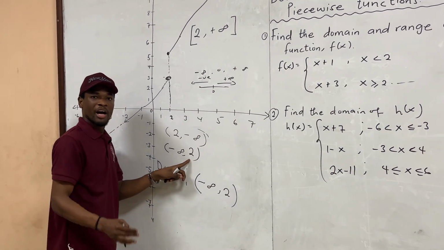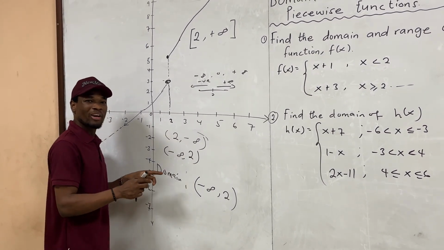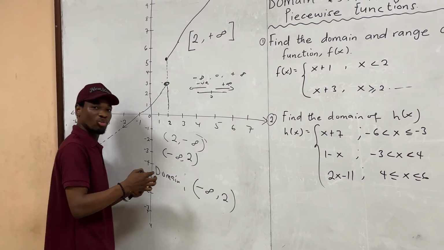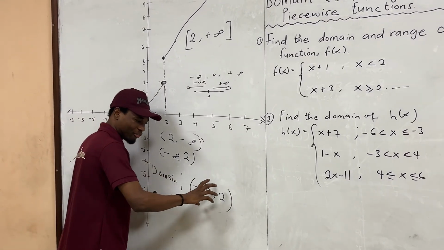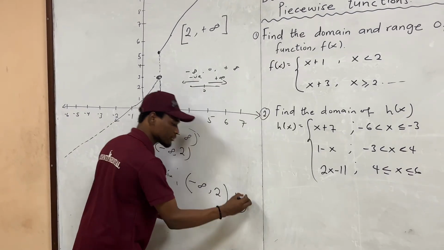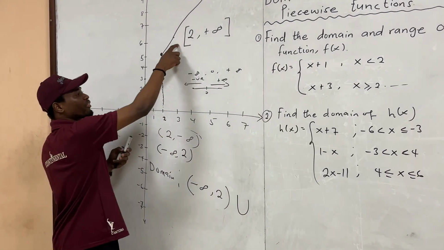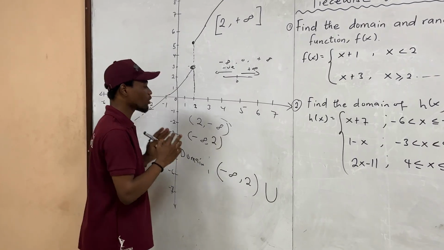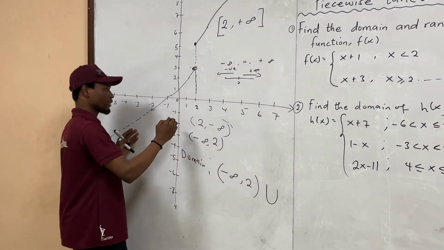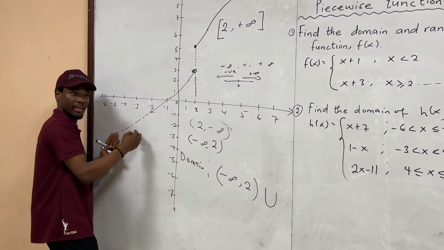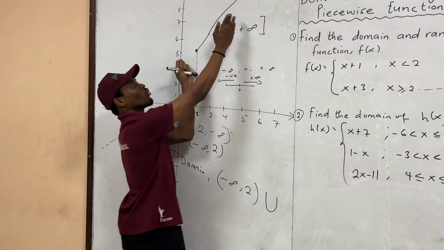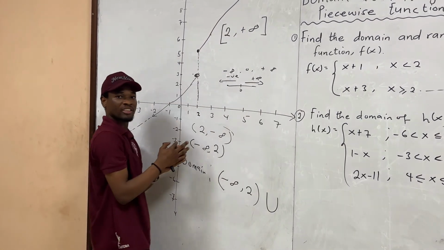And remember, we said the domain of the function is the domain of this union the domain of this. So to get the overall domain is simply the domain of this function union the domain of this function. That will be the domain of the function.